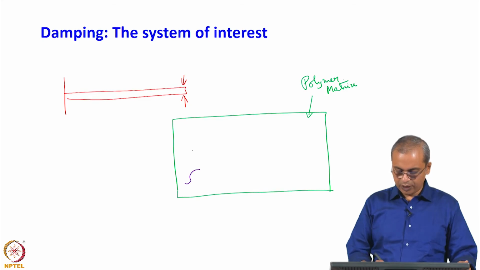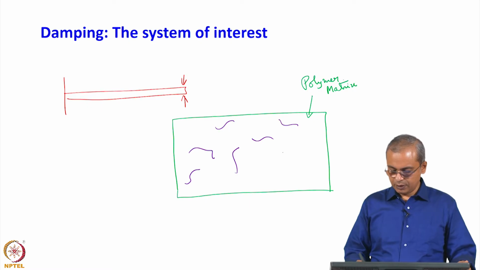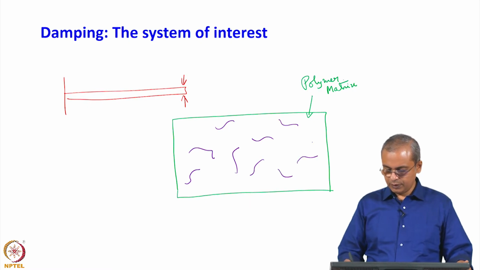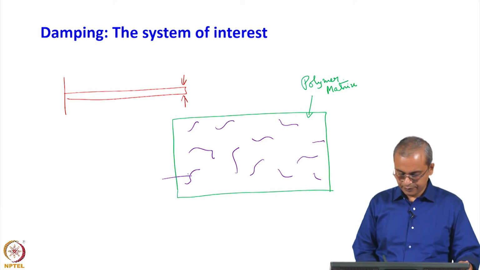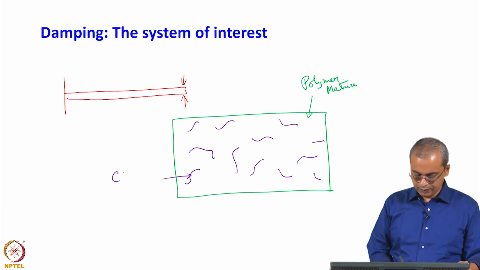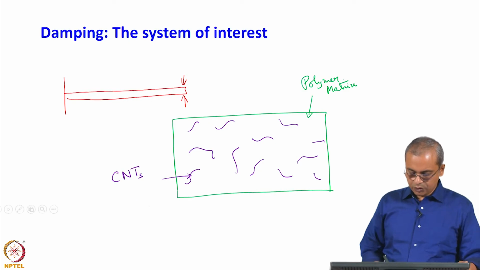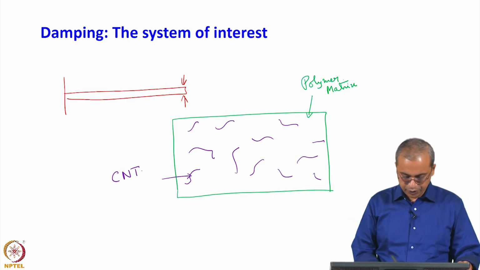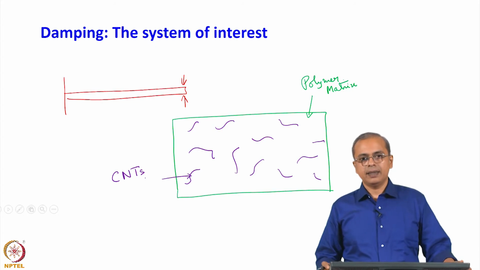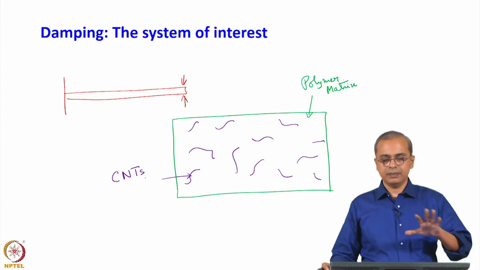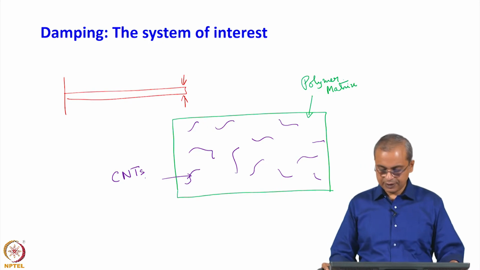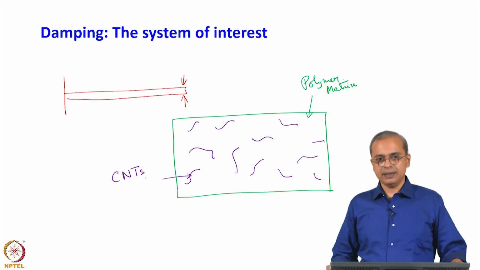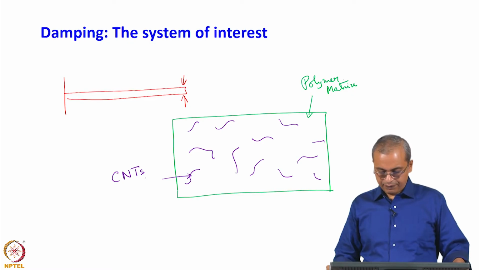I will just show some coiled nanotubes. So you have all these CNTs. In this case, for example, I am showing you coiled CNTs. The assumption is that these are CVD synthesized CNTs which have surface defects and so on. So we have put these CNTs into this system, and we are testing it.